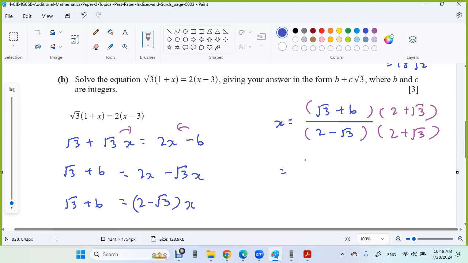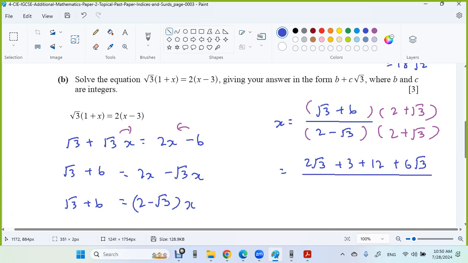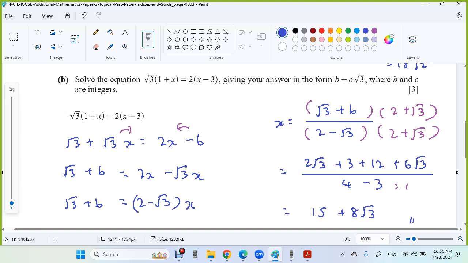So it will become 2 square root 3 plus 3 plus 12 plus 6 square root 3 over a square minus b square. So a square is 4 minus 3, then 4 minus 3 is actually 1. So we have the 15 plus 8 square root 3.